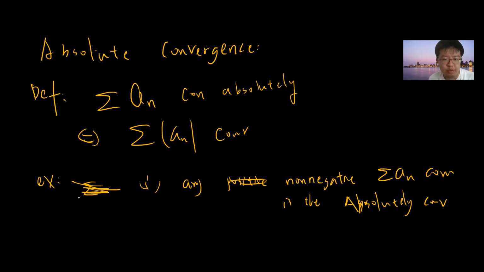So this is the usual example of the definition. And if this series converges but its absolute value series does not converge, then it is not absolutely convergent.